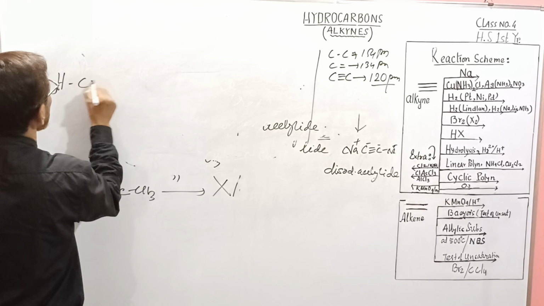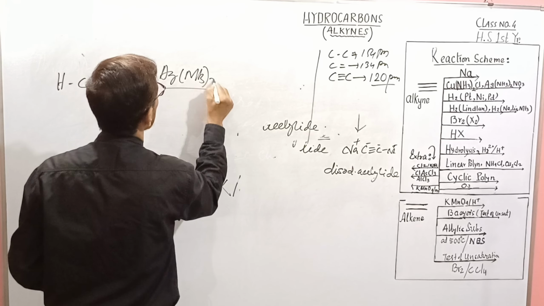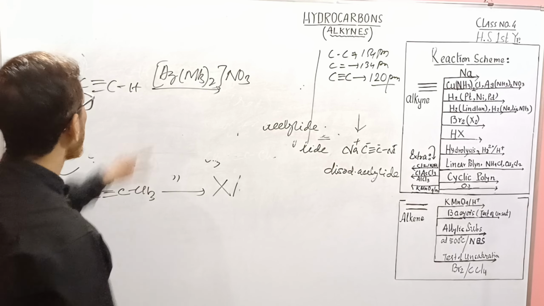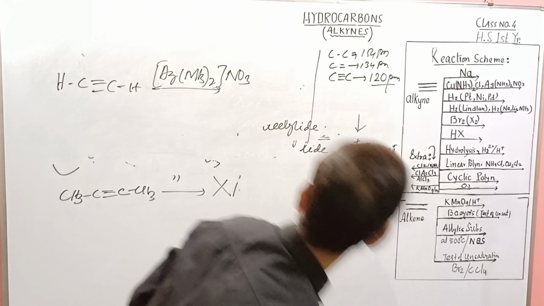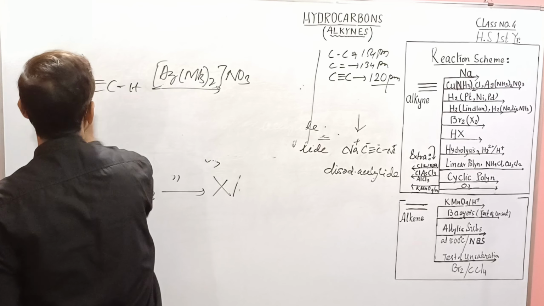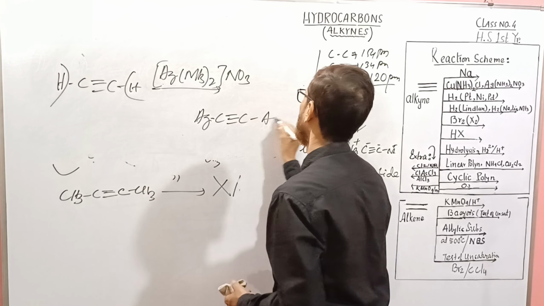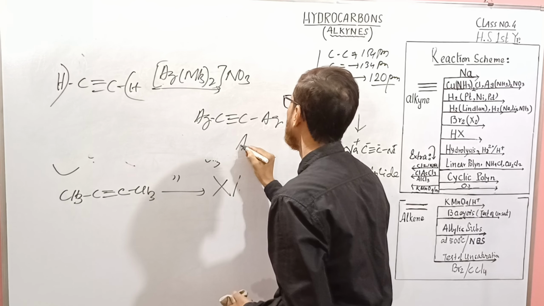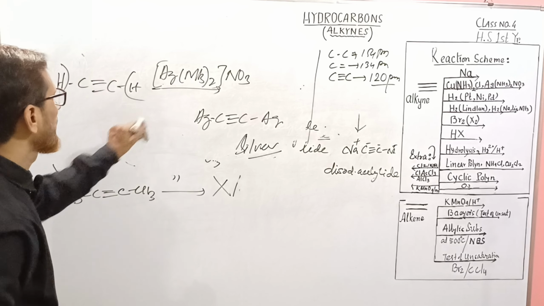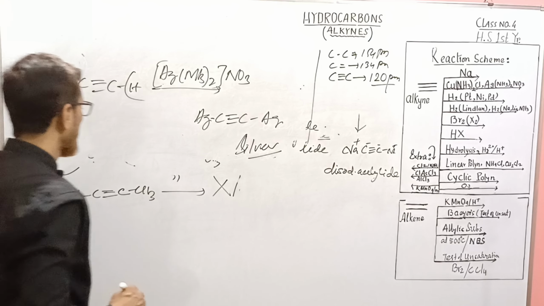See, acetylene HC triple bond CH, with Ag(NH3)2, there is silver, so this hydrogen is acidic. It gives a silver white precipitate, disilver acetylide, a white precipitate of silvery color.